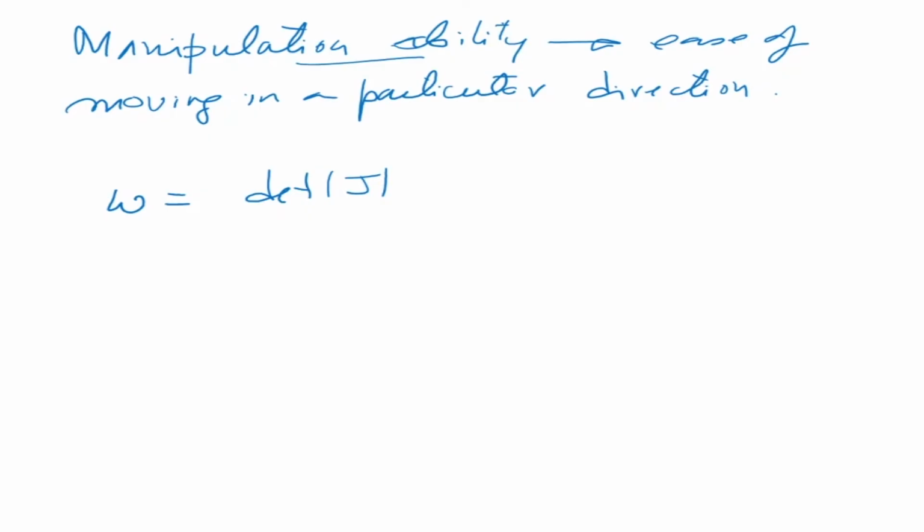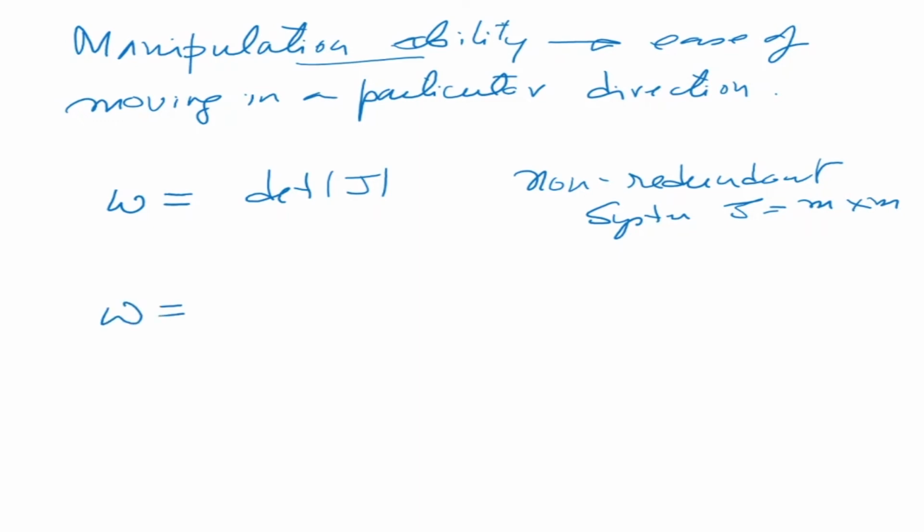Now this is for a non-redundant system, where J is a square matrix, M into M. For a redundant system, W is equal to the square root of the determinant of J J transpose.